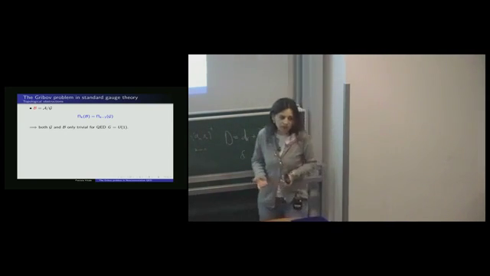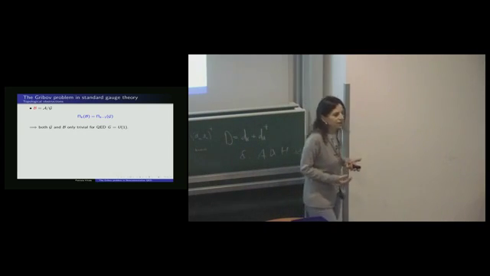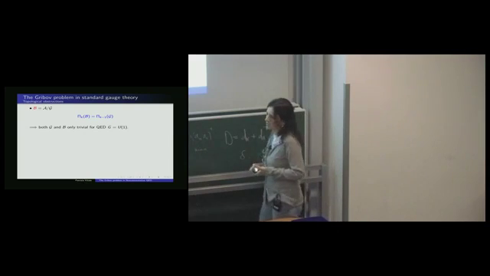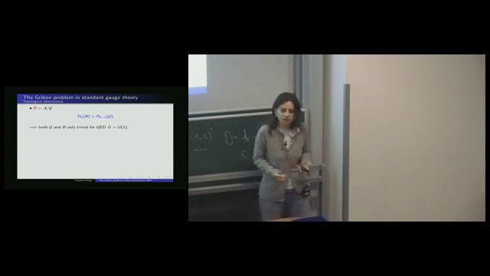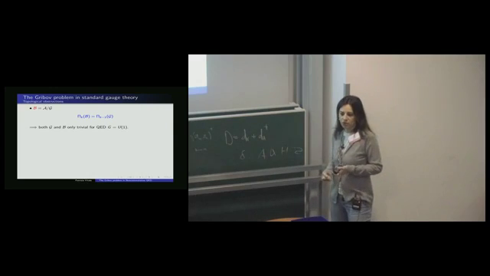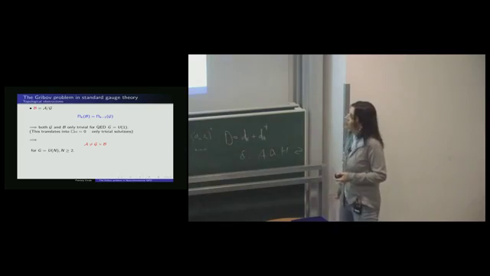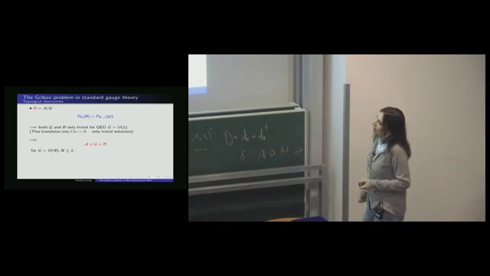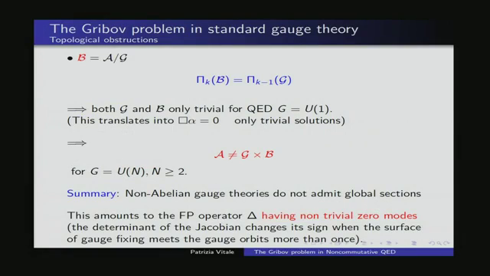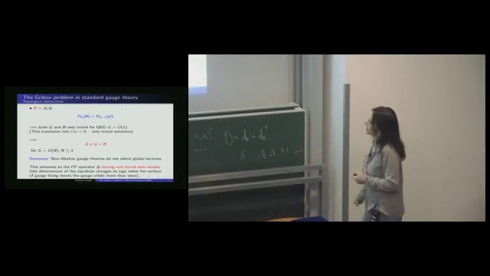We have copies in general for non-abelian gauge theories because we can't choose global sections. The reason being that the fiber bundle that I have is non-trivial unless we are in QED. Okay, so this is what I said. Non-abelian gauge theories do not admit global sections.